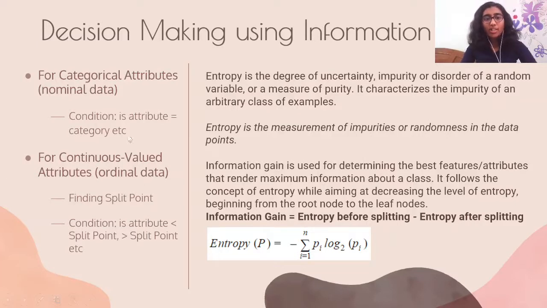This point is called the split point. This can be the average of the maximum and minimum value in the attribute. So for example, if the value of the attribute is greater than the average, it has to branch to the right side, and if the value is less, it has to branch to the left side.